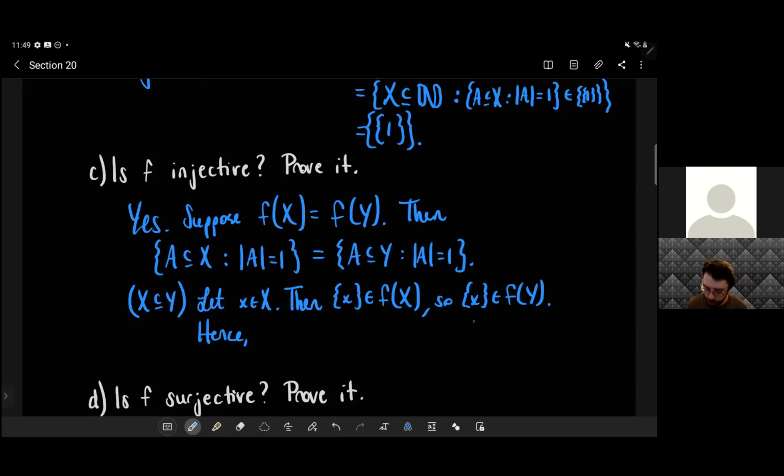But really, I wanted to show that x was in y. We started with x in capital X. I want to show x in capital Y. How can I do that? Again, pause the video to think if you need to.